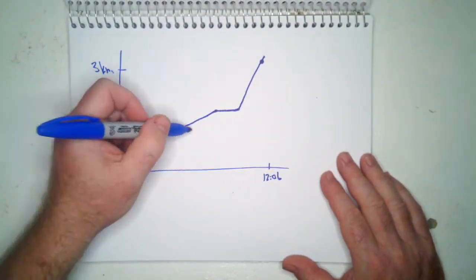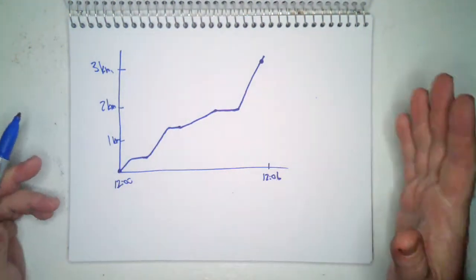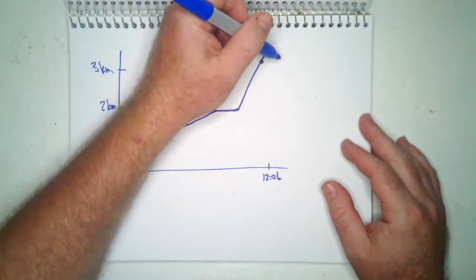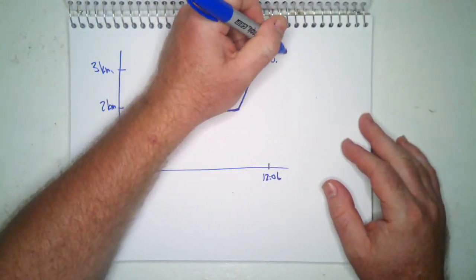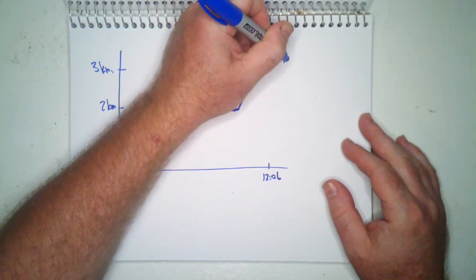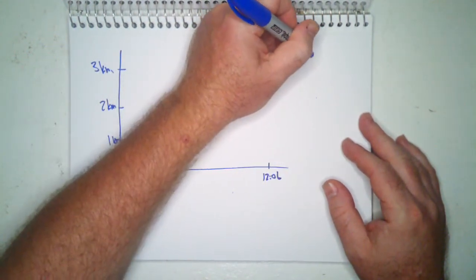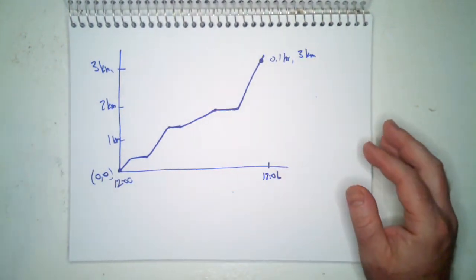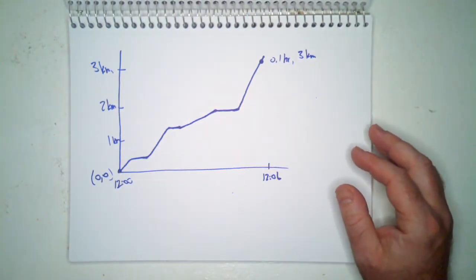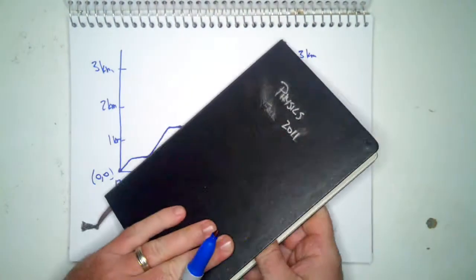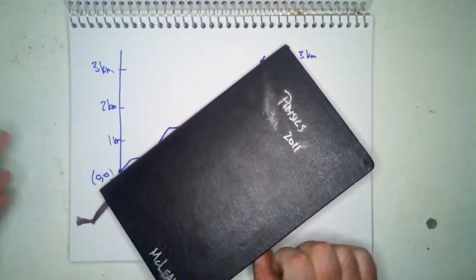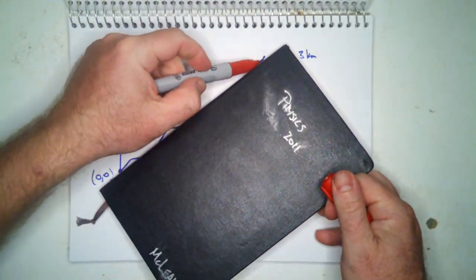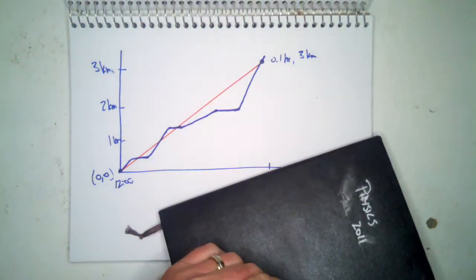Now, if we look at this plot of our position versus time, we see that it's not straight. However, when we make our calculation here at 0.1 hours and 3 kilometers after we started from 0, 0, our average velocity, here on the straight edge in another color, is calculated based on the straight line distance.